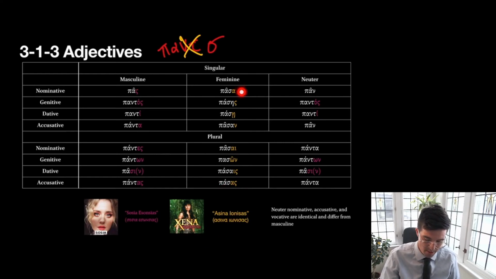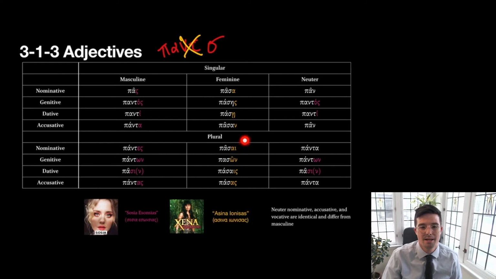So we have that here with pāsa, and then if we had the vocative here, it's not on the paradigm, we would have another alpha here. So Athena's first name, the alpha in her first name, would be here in the vocative, but we don't have the vocative here.